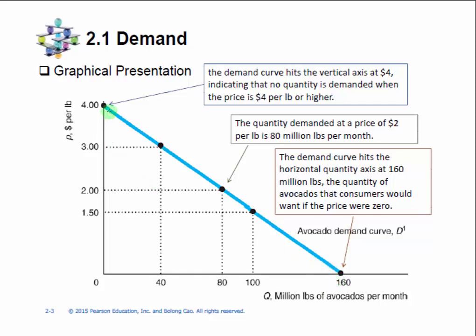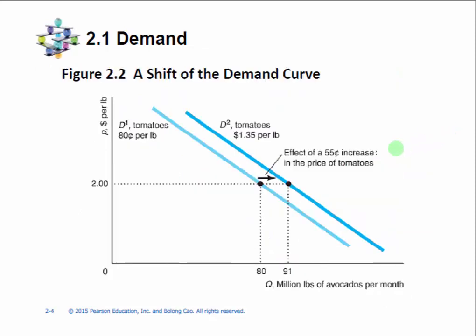Again, the basic idea is that this demand curve, or basically the demand, is downward sloping. If you charge a higher price, people would like to buy less. If you charge a lower price, people would like to buy more. And what we have talked about is the price and quantity movement along a demand curve.